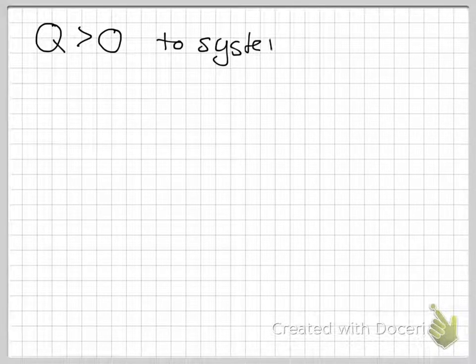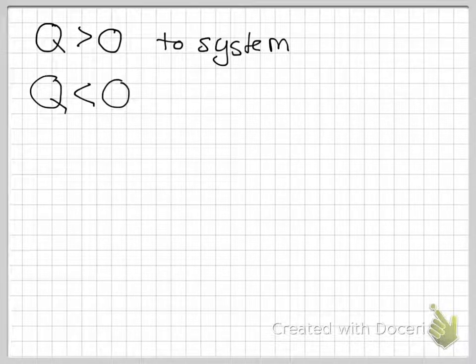And so if our heat is being transferred into the system, Q will be greater than 0. If our heat is being transferred out of the system, our convention is that Q is less than 0.